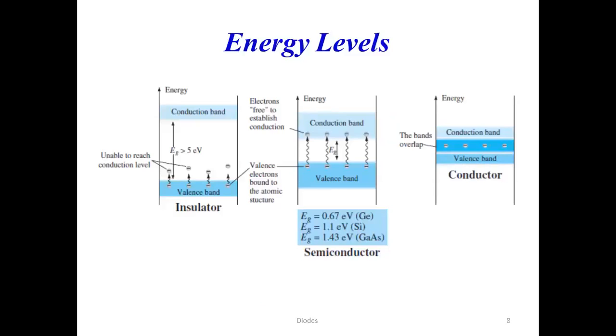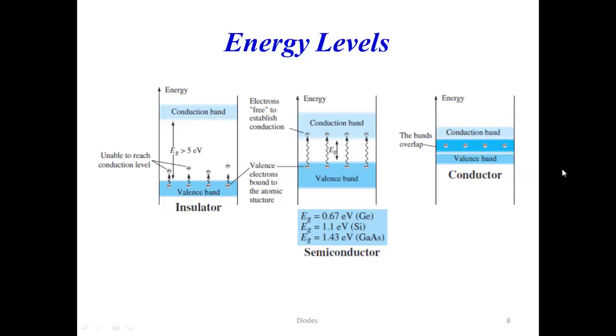If you see the energy level diagram for an insulator, this is the valence band, and here is the conduction band. The gap between the conduction band and valence band is known as the energy gap, denoted by Eg. And see this gap carefully. This gap is too large. It is more than 5 electron volt.